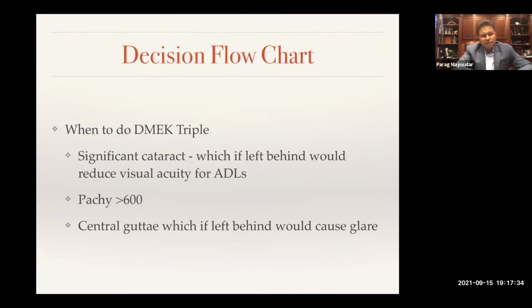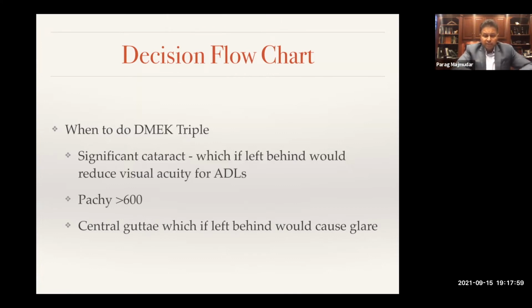If a patient is a little bit older, I would say 65 plus, I'm not sure that I'd recommend doing DMEK alone, as long as there's no cataract. If there's a mild to moderate to severe cataract, I would err on the side of doing a DMEK triple procedure, again, to save the patient not only multiple surgeries, but also to get them the best chance to be able to see well after the intervention.